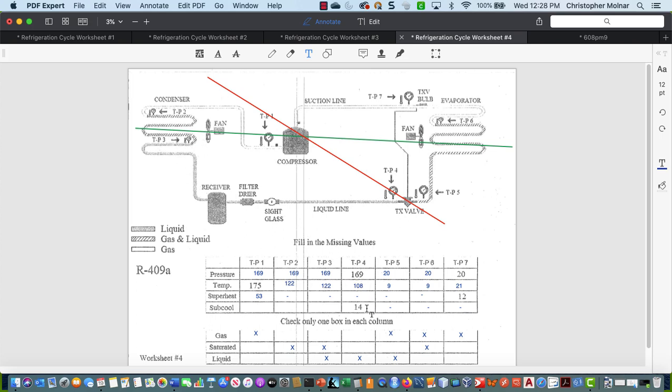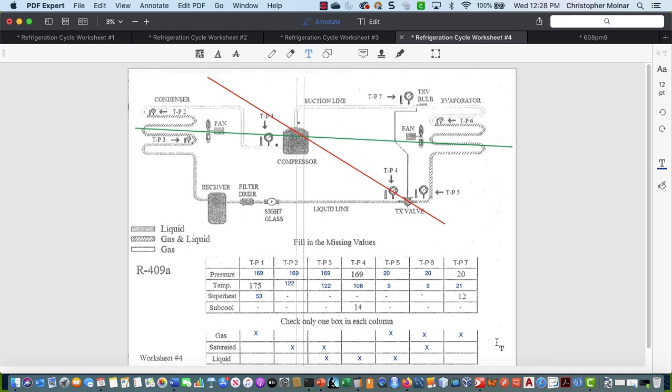I know the sheet is telling me that I have a 14 degree subcooling. So the temperature right here at TP4 is 14 degrees cooler than my condensing temperature. Throughout the rest of the system there, I do not have any subcooling. So let's go ahead and just put a dash in those blanks.